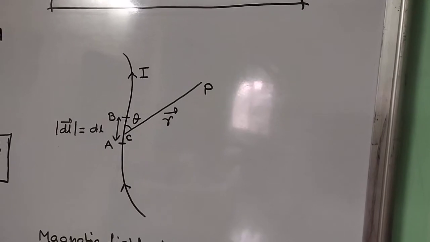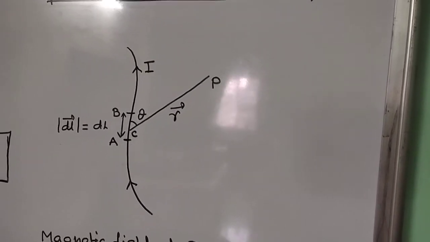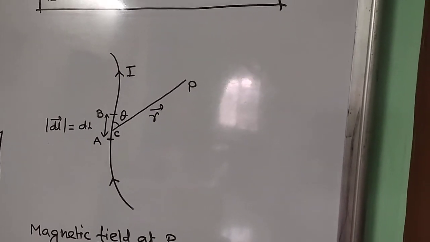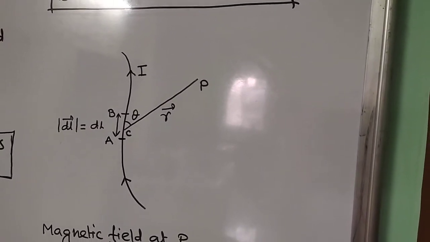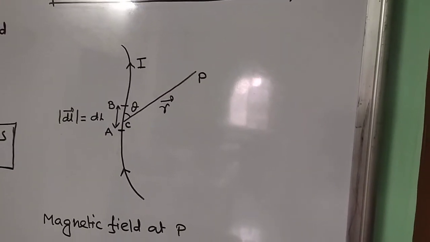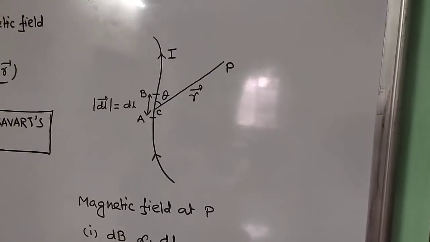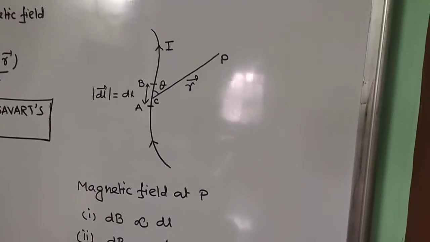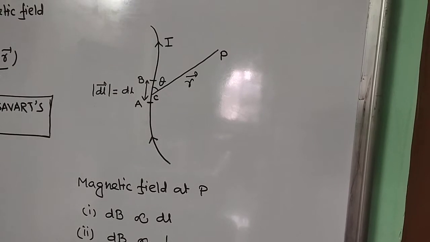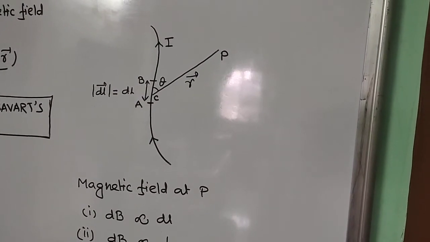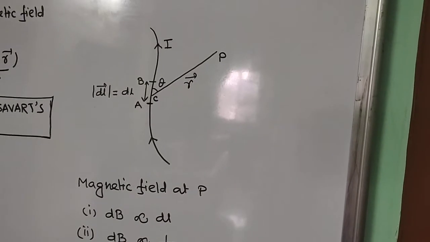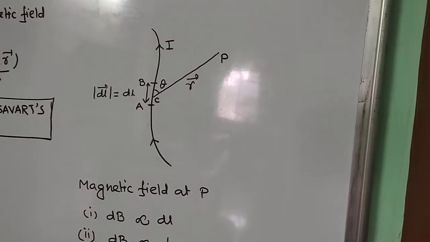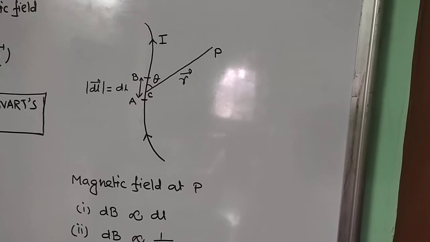Now as per the Biot-Savart law, the magnetic field at P due to the current carrying wire depends on the current. As we are trying to find the magnetic field for a small section of the current carrying wire, the magnetic field at P, which we have defined by dB, is directly proportional to dl.